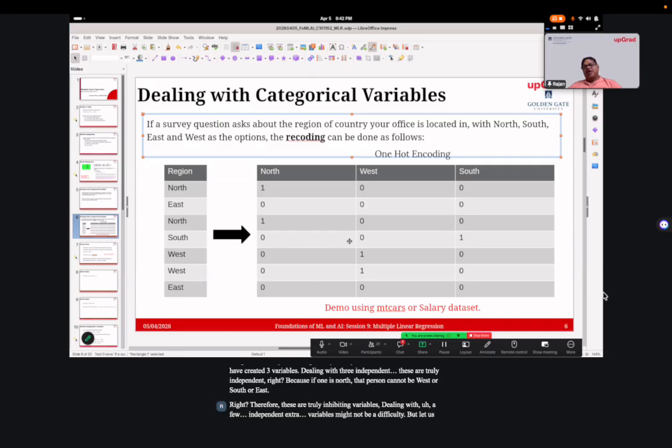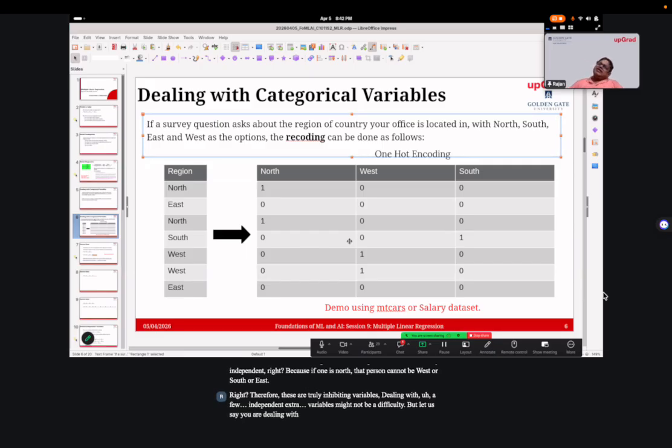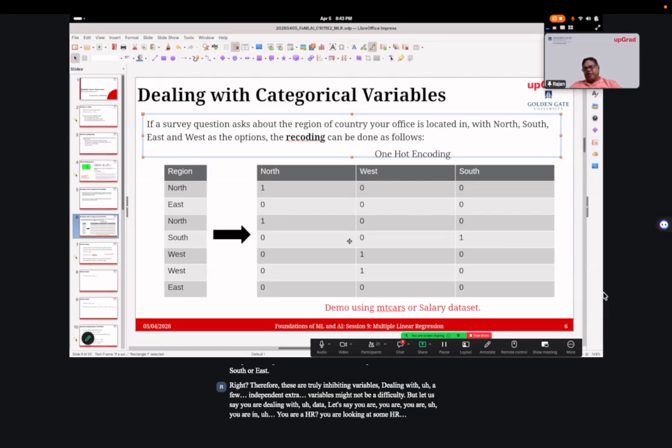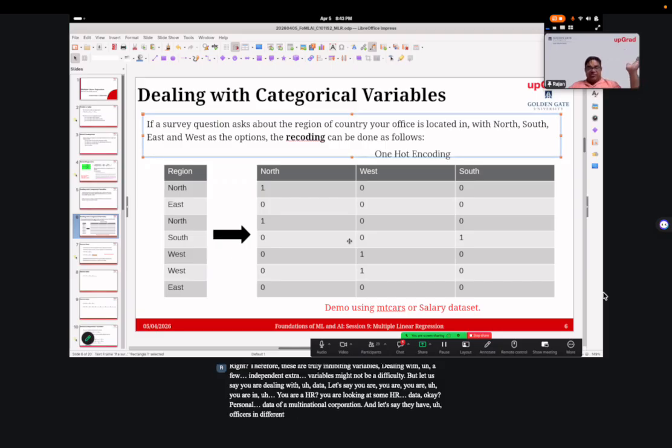But let us say you are dealing with data. Let's say you are a HR. You are looking at some HR data, okay, personal data of a multinational corporation, and let's say they have offices in different countries, and in each office, people from different countries come and work.